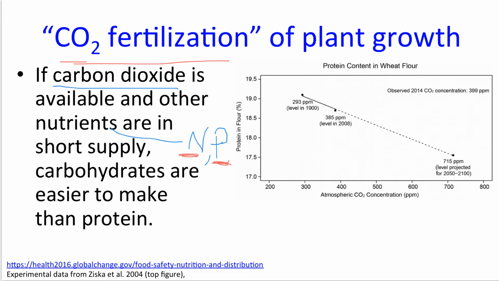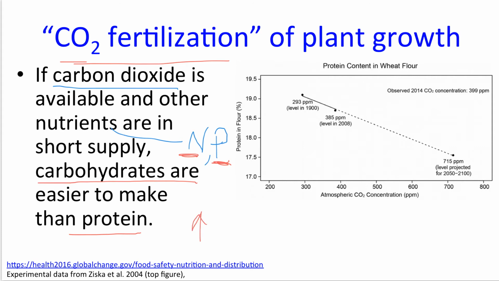So the plant can do more photosynthesis, but can't make a lot more protein. The result of this is that carbohydrates will be relatively cheap and easy to make, proteins will be expensive to make, and the ratio of carbohydrates to protein will increase.